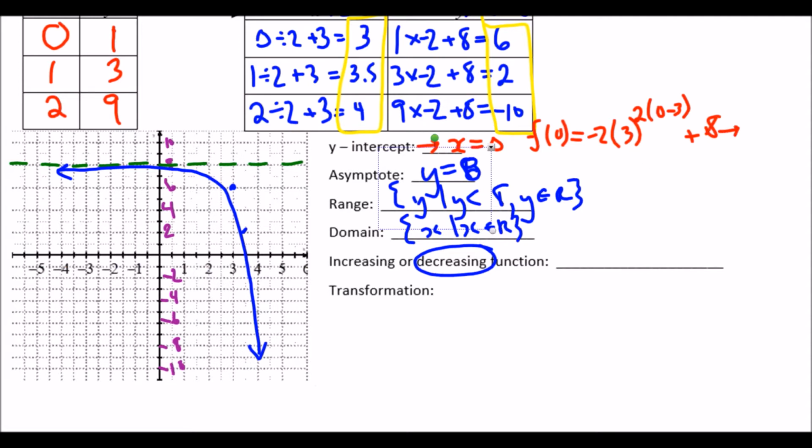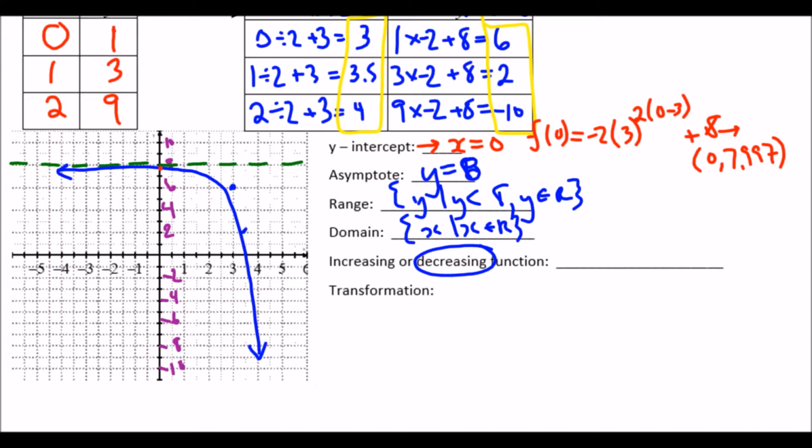I'm going to have -2 times 3 to the exponent 2 times -3 is -6, and then plus 8, and so here I get 7.997. So my y-intercept will be 0 and 7.997. So that point would be right there. Pretty accurate. As good as it's going to get.